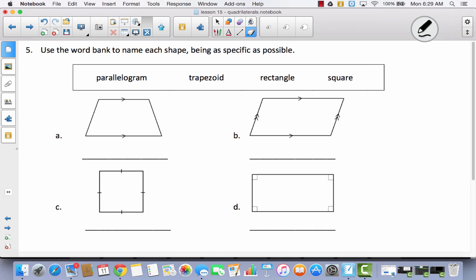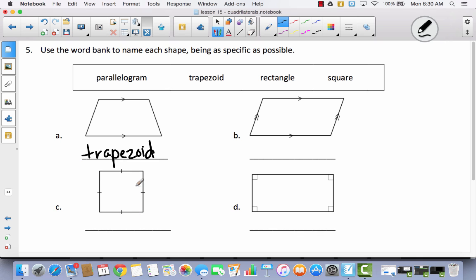Okay, so what do you call a shape that only has one pair of parallel sides? This is what we call a trapezoid. Now look at this shape. This is technically a trapezoid because a trapezoid only has to have one pair of parallel sides.